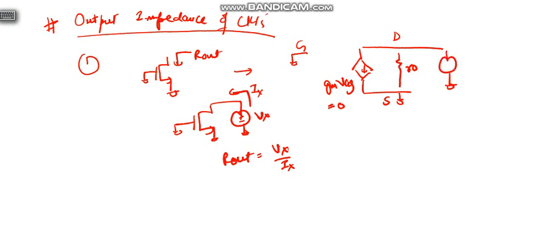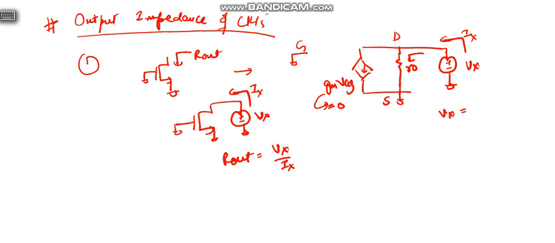If we apply Vx voltage here, and this is Ix current, then the whole current Ix will flow through RO, not through gm VGS, because this term is 0, as the gate and source voltages are both 0.